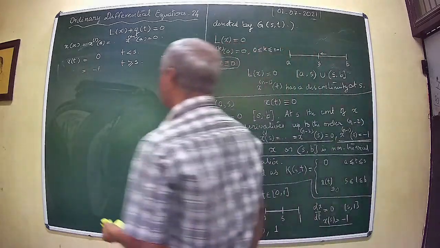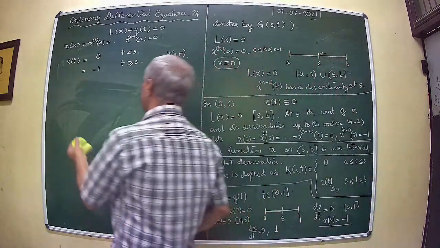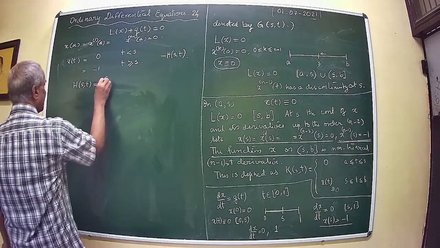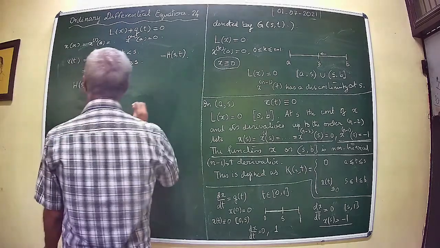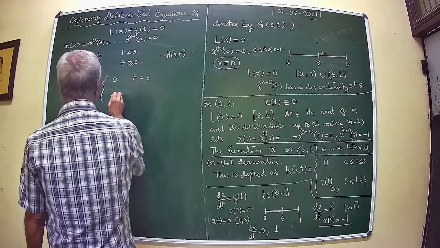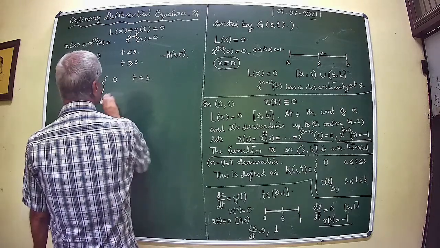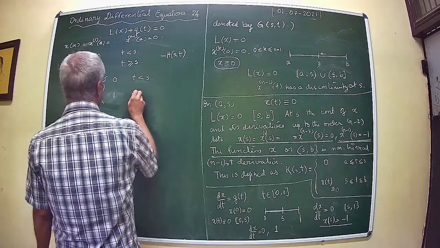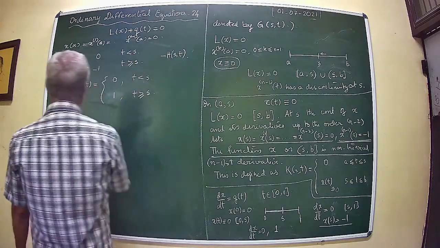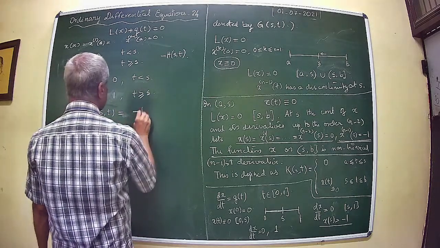So if you allow s also to vary now on this interval, then you get H(s,t) defined as the Heaviside unit function, and our K(s,t) in this case is equal to minus H.